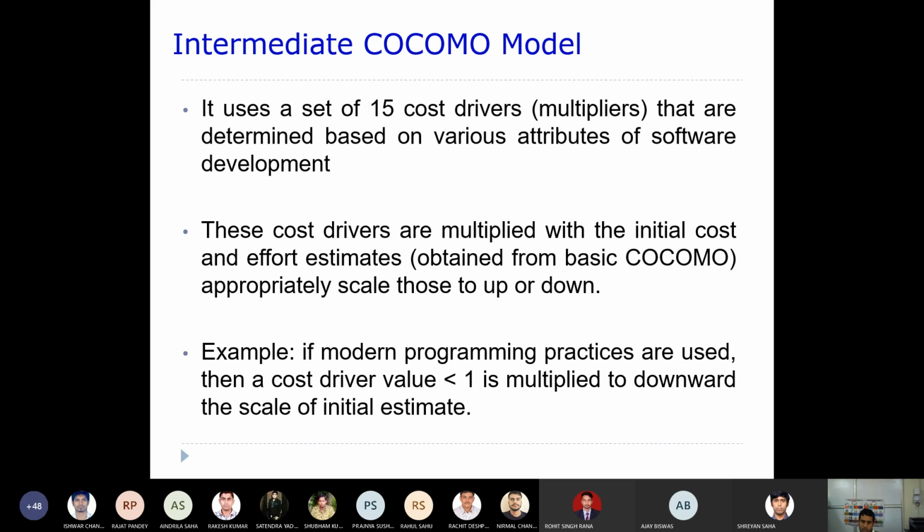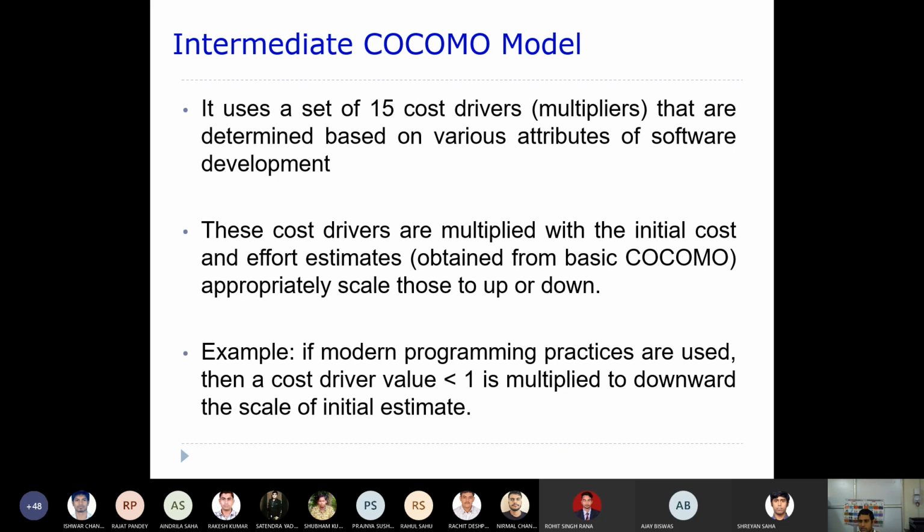Let's say, for example, if modern programming practices are used, then the cost driver value will be less than 1, and it is multiplied to scale the initial estimate downward. Why will the cost driver be less than 1 if you are using modern programming practice?